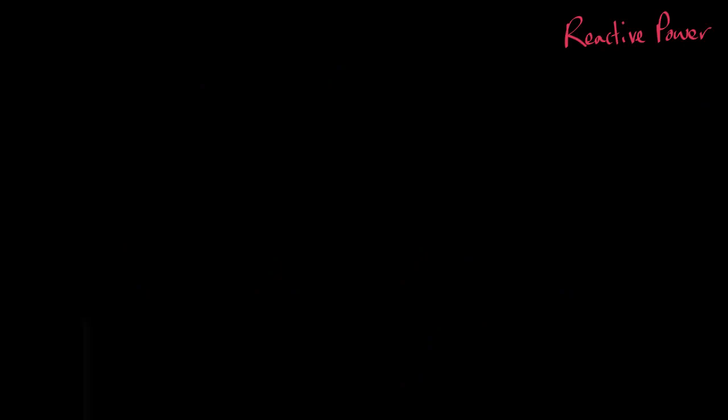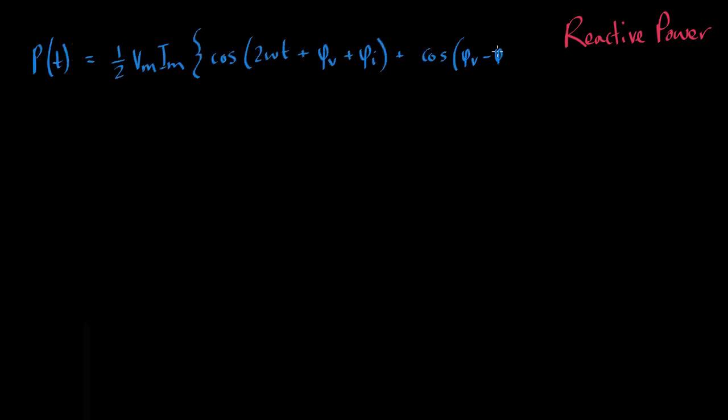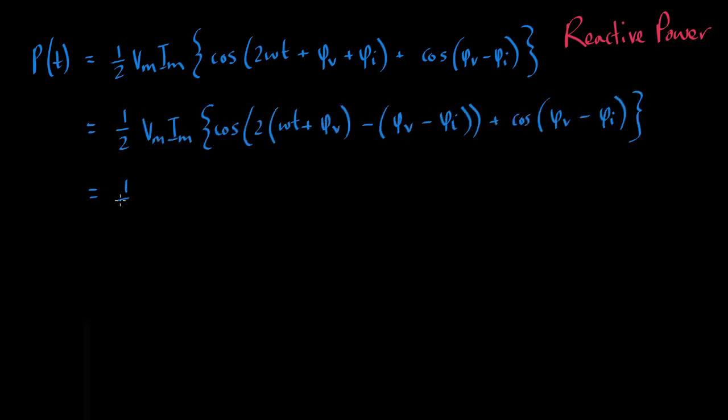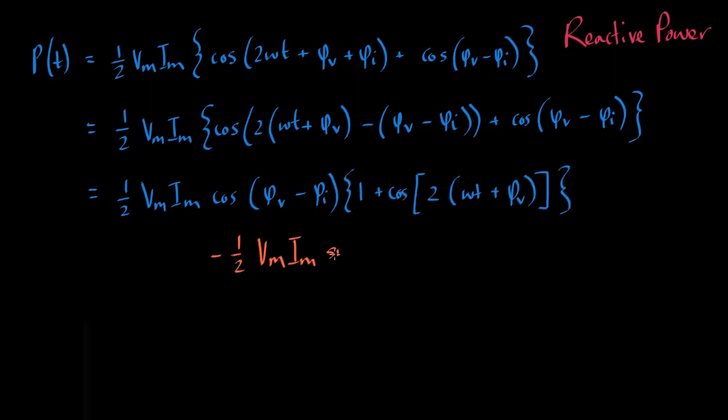This leads us directly into reactive power. Remember the formula for instantaneous power containing both an oscillating and constant part? Revisiting that and doing some further analysis, there's a lot of numbers here, but I want you to realize something important.